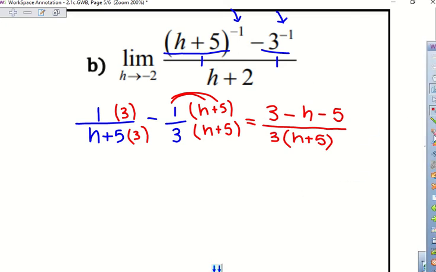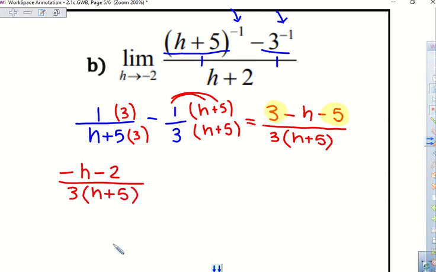Then this gets combined, and this is going to become negative h, 3 minus 5, minus 2, all over 3 times h plus 5. So that's our new numerator.